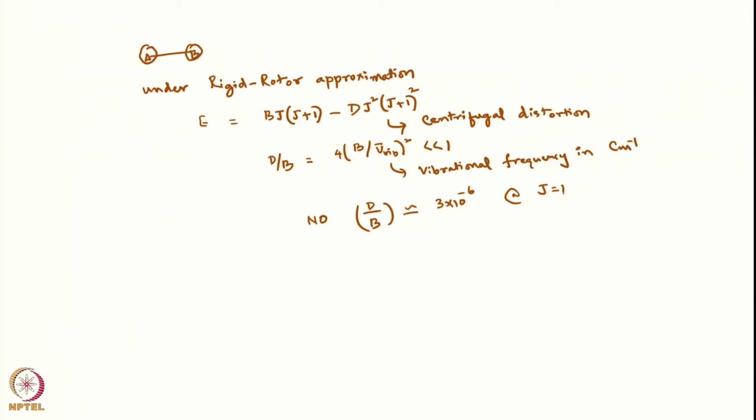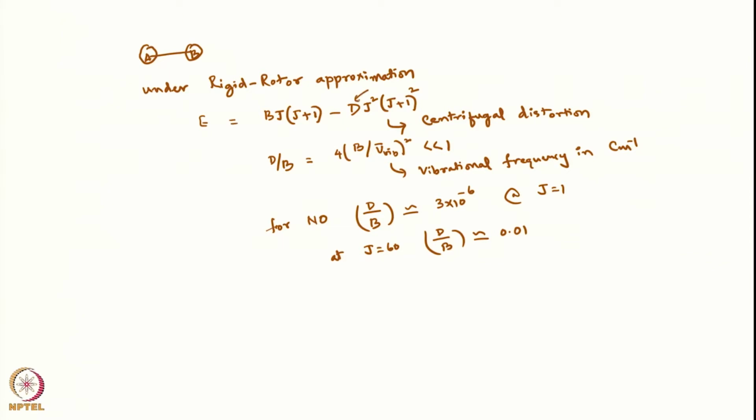But if I go to J equal to 60, D by B will be approximately equal to 0.01. That means even for very large values of J, one can ignore D by B, as the value is very small. That means the value of this D is going to be really very small.